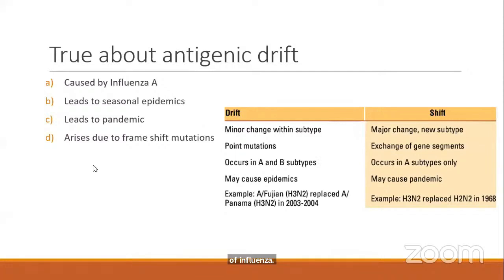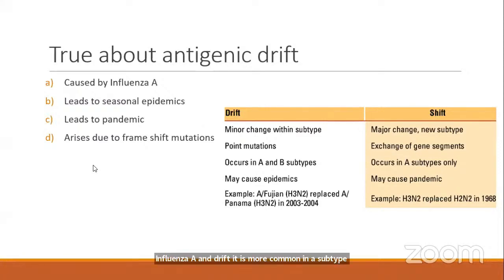It is drift which is usually responsible for minor epidemics, but shift is the one where you see this frame shift kind of mutation or complete exchange of gene segments. Shift is more common in influenza A, and drift occurs both in A and B, but it is only responsible for minor epidemics.